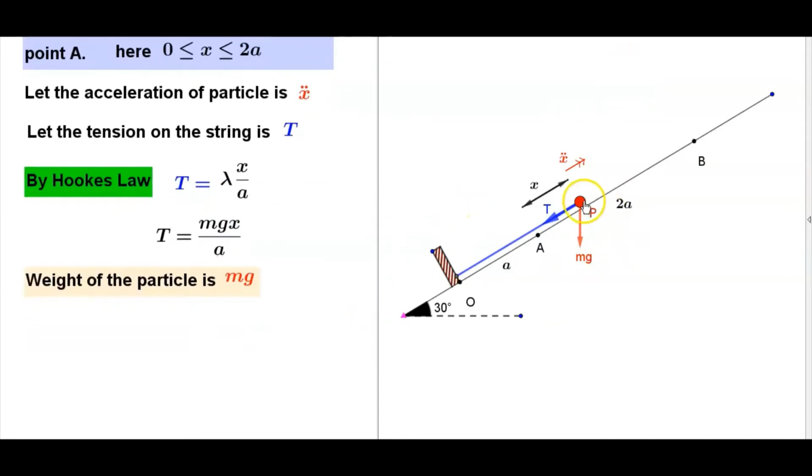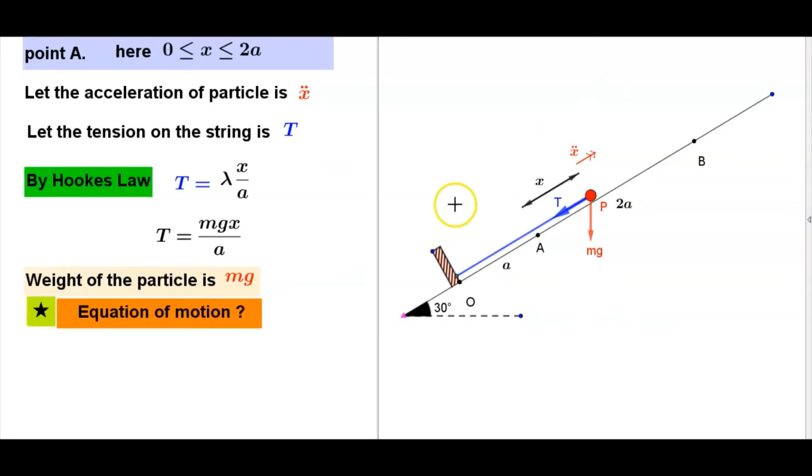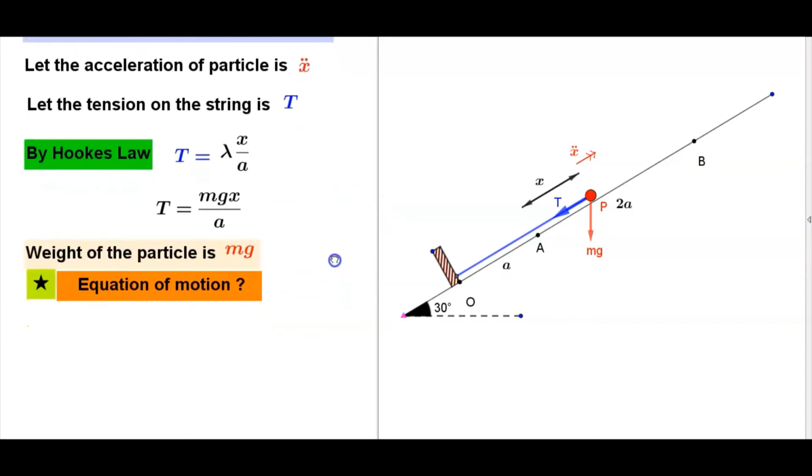The weight of the particle is mg, vertically downward. Equation of motion: first question, we want to find the equation of this motion. We will use Newton's second law downward along the inclined plane. Therefore, the resultant force is T and also the component of the weight, mg cos 60.